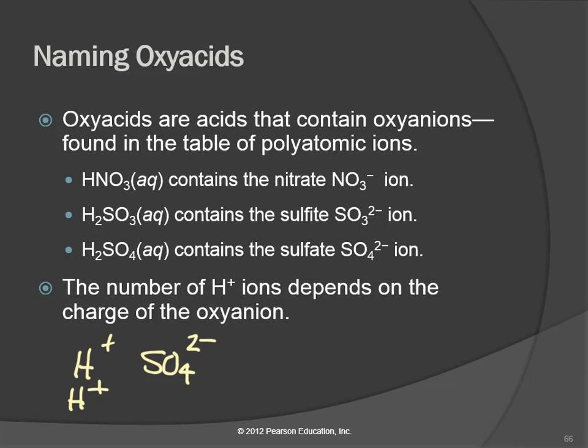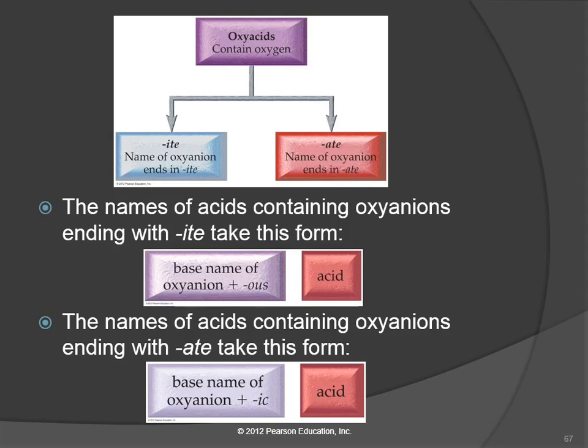If you had phosphate with a -3 charge, you need 3 hydrogens. Nitrate has a -1 charge, you only need 1 hydrogen. So the oxyacid names are based on the oxyanion name, nitrate or sulfite or whatever.